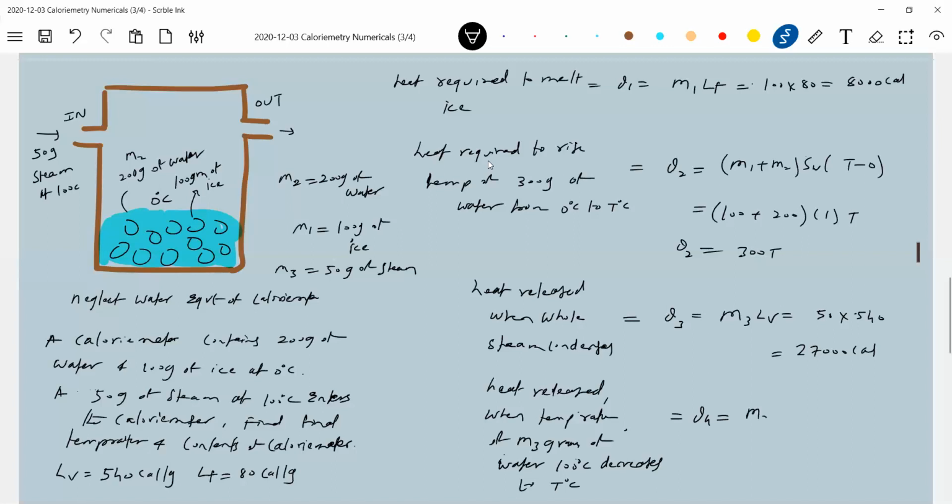So what should this be? M3 times specific heat of water times (100 minus T). M3 is how much, we know? 50. Specific heat of water times (100 minus T).